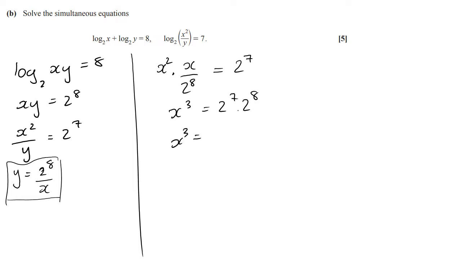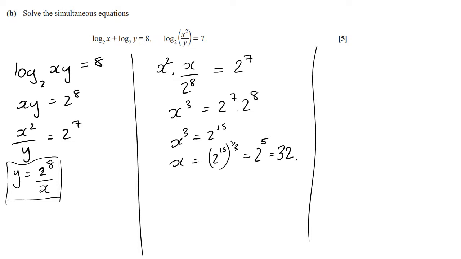X cubed equals 2 to the 15. So then x equals 2 to the 15 to the power of a third, which is 2 to the power of 5. 2 to the 5 is 2 times 2, 4, times 2 is 8, times 2 is 16, times 2, which is 32. So x equals 32.